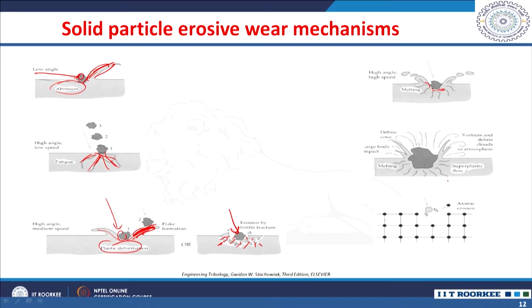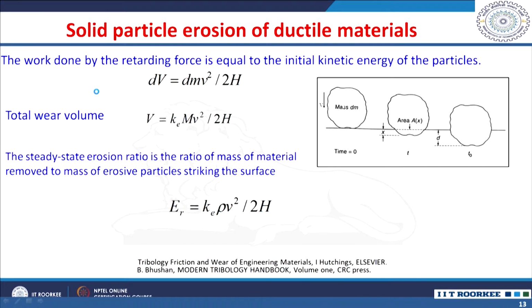There can also be, at the atomistic level, an atom eroded from the crystalline arrangement, but this is less likely to happen. Most engineering components wear in erosive conditions when solid particles impact the surface by mechanisms of abrasion, fatigue or deformation, fracture, melting and some superplastic flow.